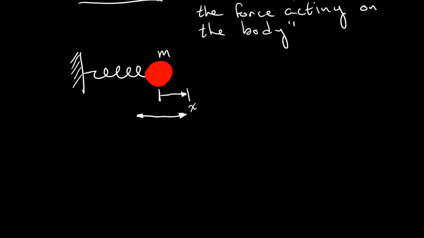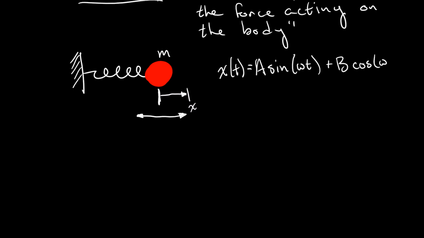And so I can describe this displacement from this relaxed position as some sines and cosines. It doesn't really matter the exact form of it right now. x(t) = a sin(omega t) + b cos(omega t), where a and b are just constants that have to do with how far I'm pulling this mass.